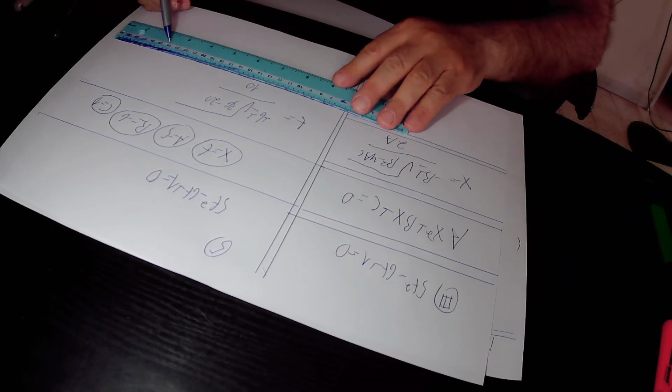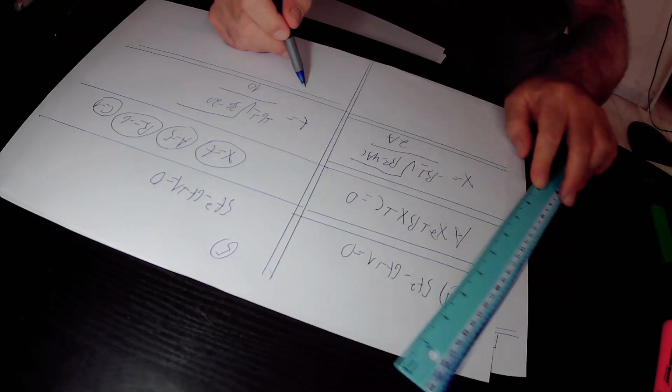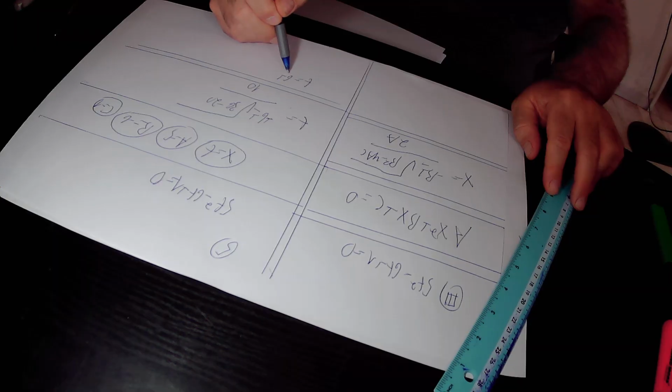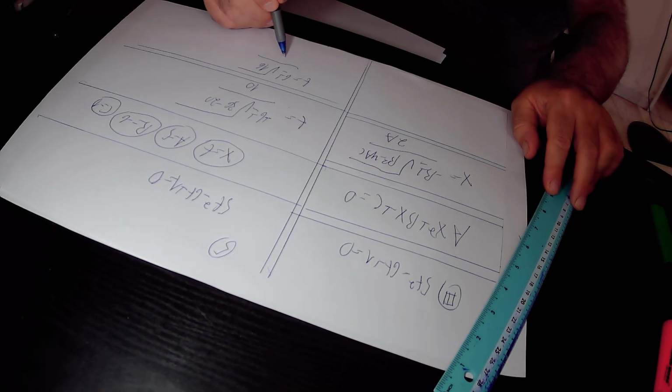So I found out that t equals 6 plus minus. Inside the root we have 36 minus 20, that is 16. So inside the root we only have 16, divided by 10.